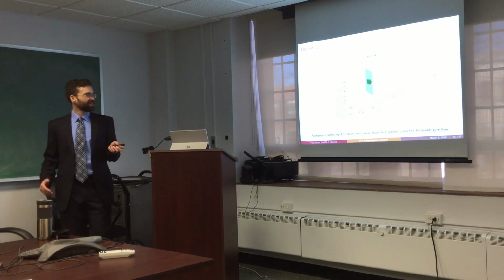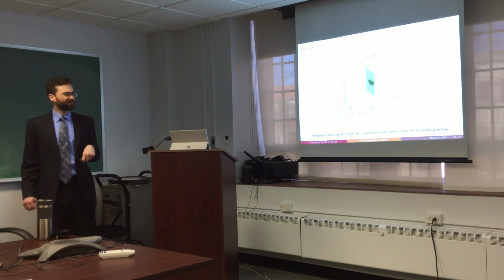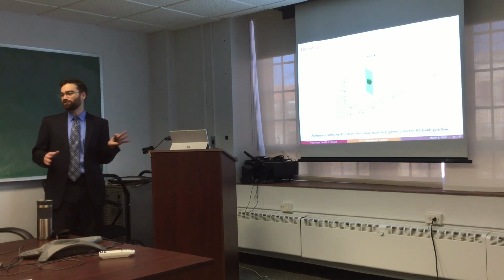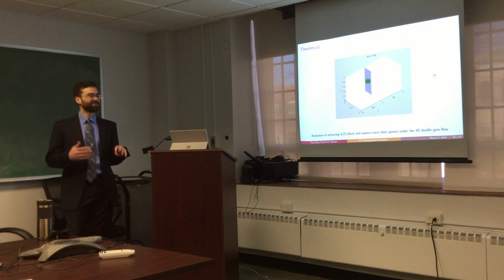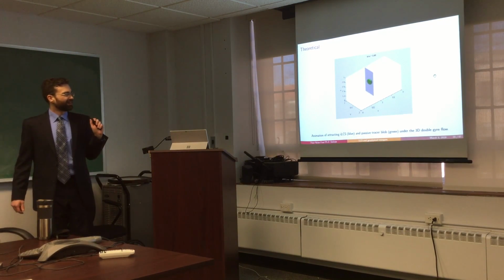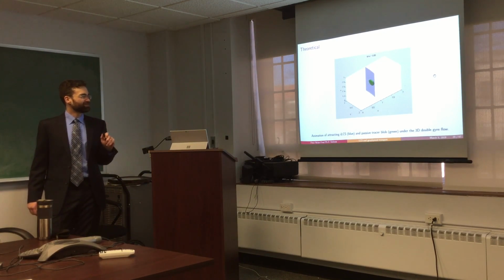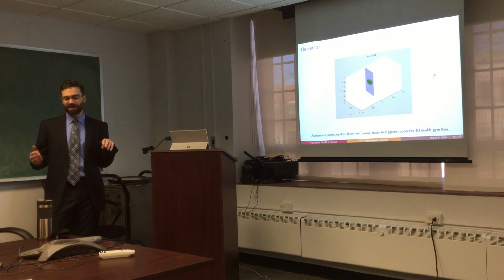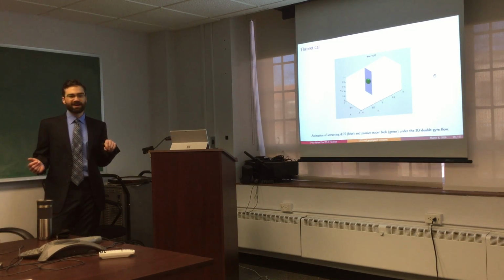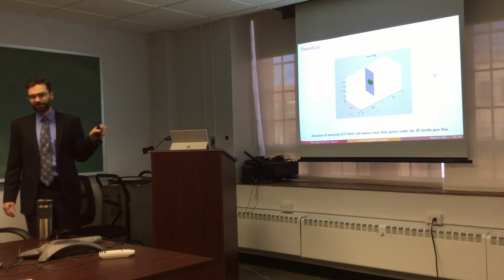So we had this in 2D, and then we decided to expand it to 3D. A lot of the previous Eulerian diagnostics had only been done in 2D, so we wanted to kick it up a notch. So the blue is an attracting ILCS, and the green blob is a blob of passive tracers. And this is just in a three-dimensional version of the double gyre flow.